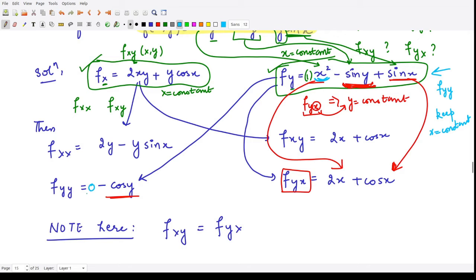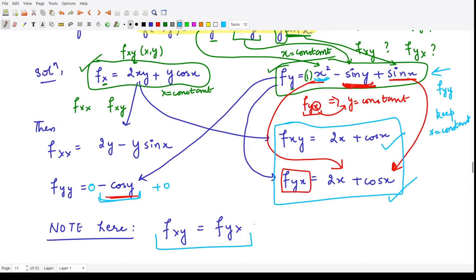Then the derivative of minus sin y would be minus cos y, and the derivative of sin x, because x is constant, would be equal to 0. So now notice here that these two quantities, fxy and fyx, are equal.